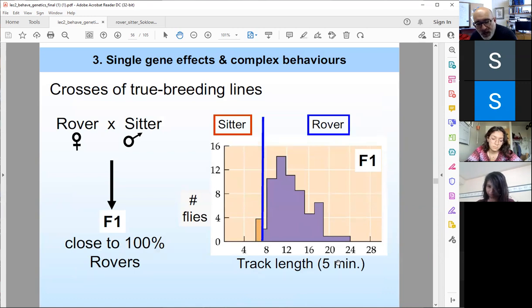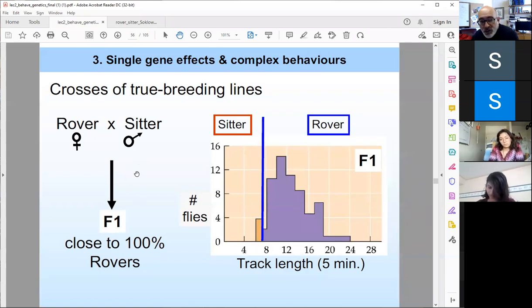If you take a rover female and a male sitter and cross them, most of them are going to end up being rovers. This is just trying to figure out the pattern of inheritance of this trait.